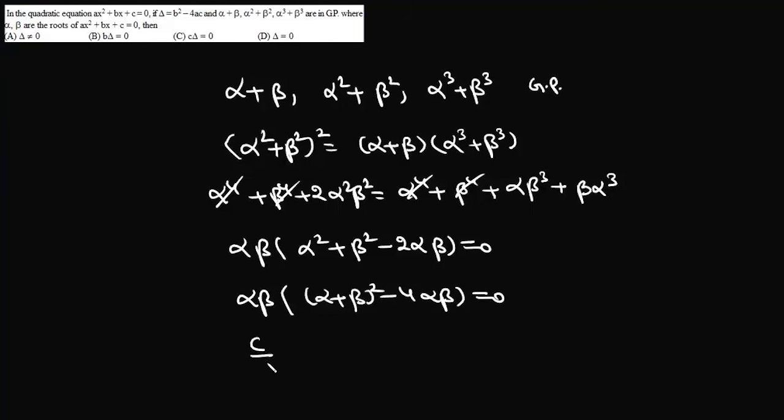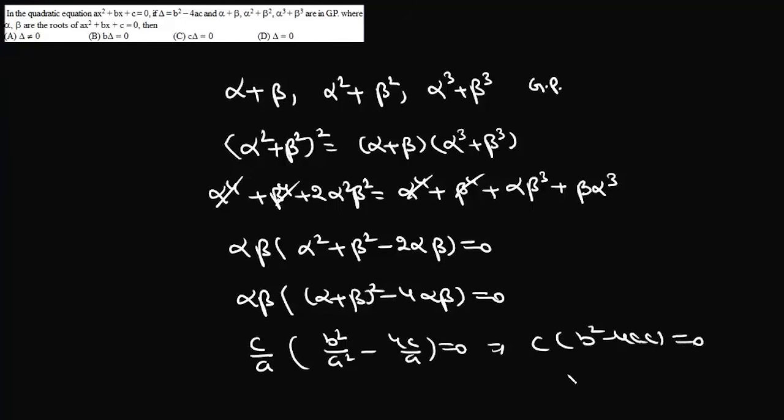Now alpha upon beta is c upon a, and this is b square upon a square minus 4c upon a equals 0, which we can write c into (b square minus 4ac) equals 0, which is c delta equals 0, and that's your option C.